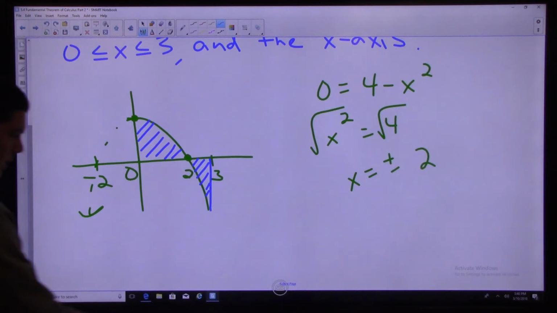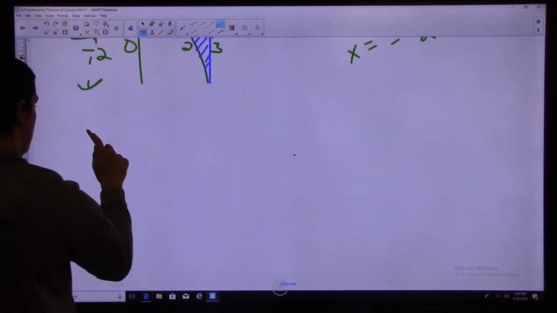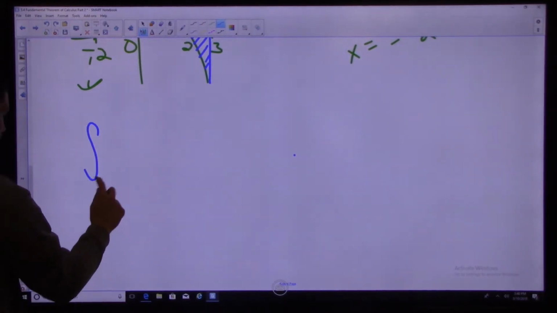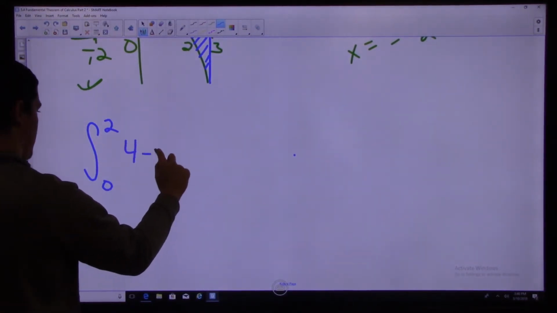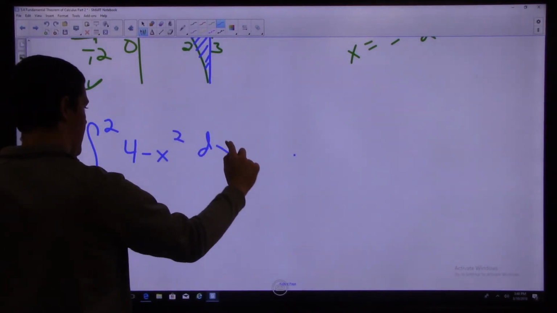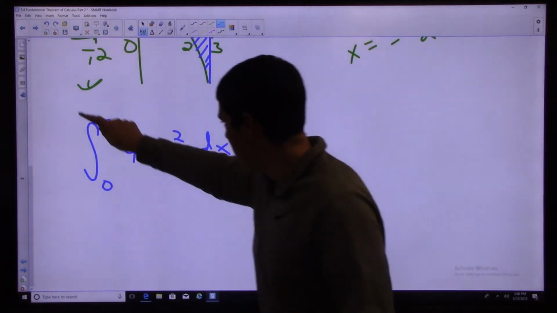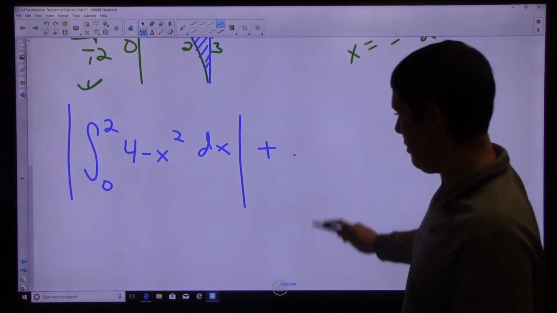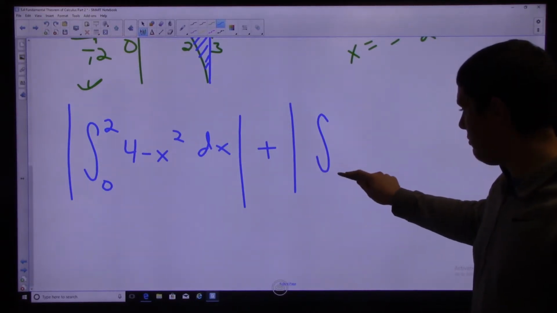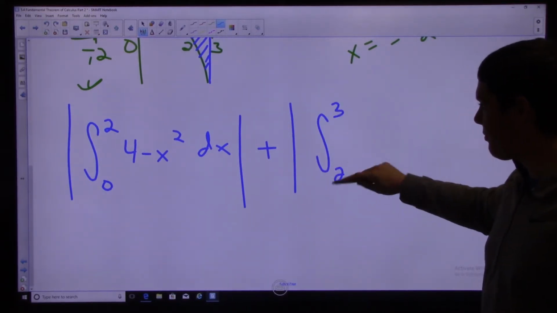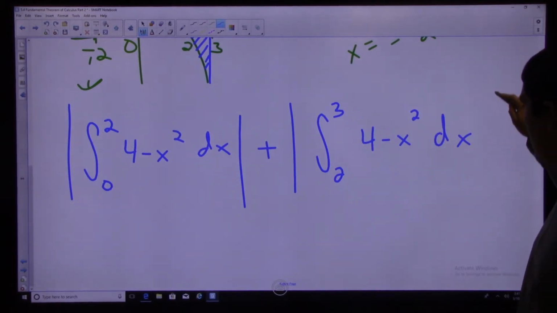So here we go. Let's do this. Again, what I'm going to try to do is take the integral from 0 to 2 of my function, which is 4 minus x squared dx. And then I'm going to add that, and by the way, I'm going to take the absolute value of this plus the absolute value of the integral from 2 to 3, 4 minus x squared dx.